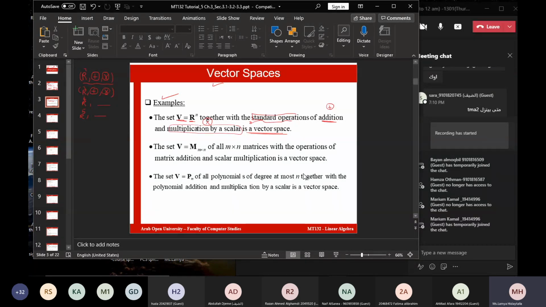So why is that? Surely, if I took any vectors from R2, for instance the vector (-2, 3) and the other vector (6, 2). Now, if I added them, can I get 3 elements, for instance, or 4 elements?